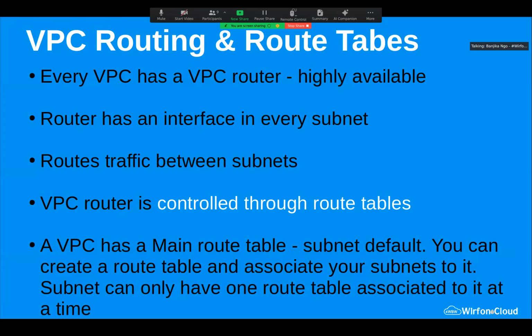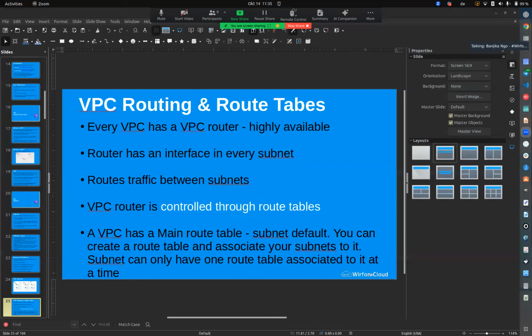In general, the recommendation and best practice is for you to create custom route tables that you can then associate to your subnets, and configure them to move your packets the way you want. I think at this point, it would be nice just to show how that would look on AWS.